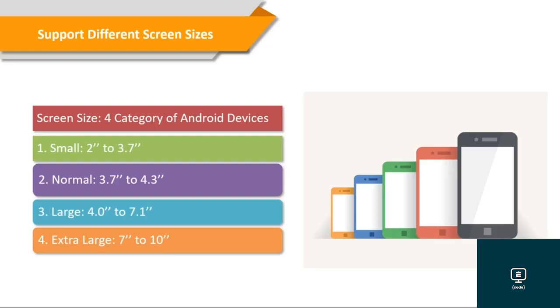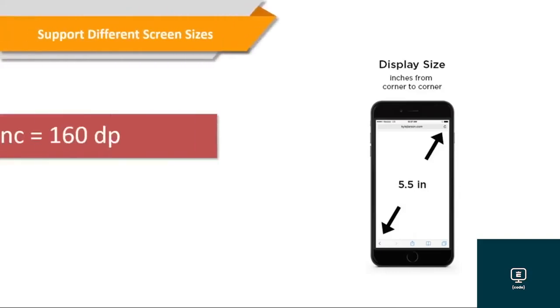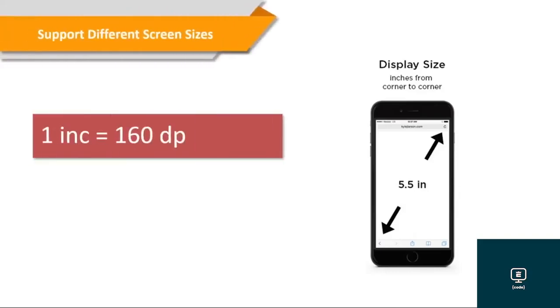So these categories are basically phone and tablet design. So if you develop an application for smartwatches or Android TVs, you will not be using these screen sizes. So how do you calculate screen sizes? For example, you can see here in the picture, there is a phone and its screen size is 5.5 inches.